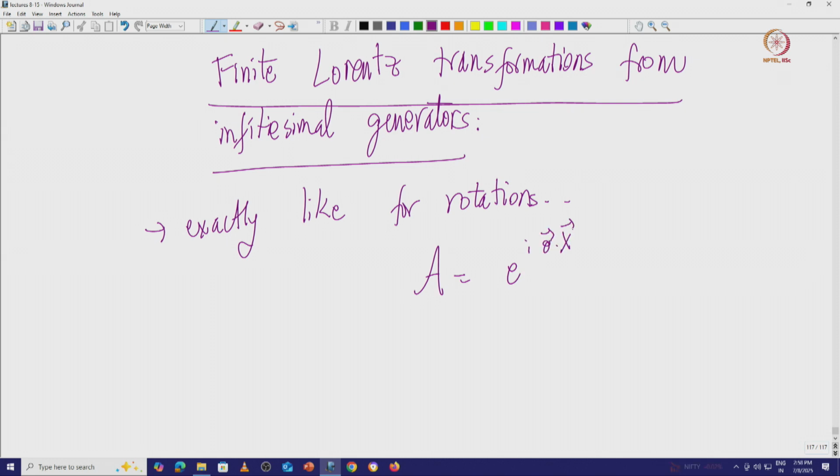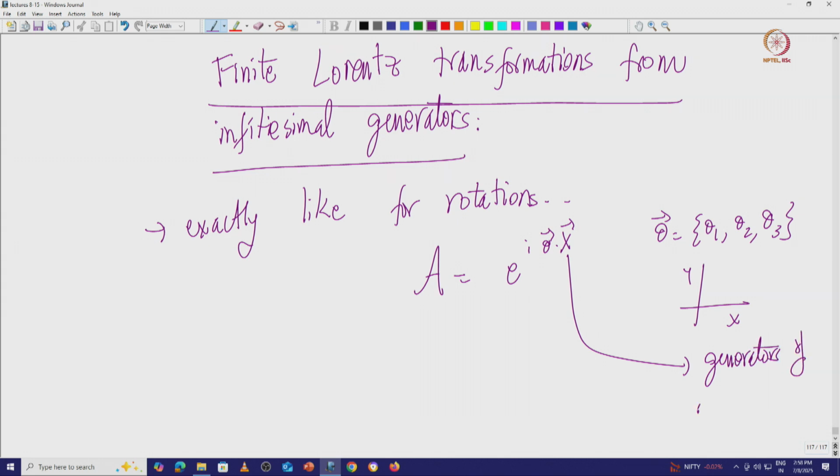Theta 1, theta 2, theta 3 are rotations in the xy plane, yz plane, and so on, whereas x is nothing but the generators of infinitesimal rotations. Putting these two together, we showed that this forms every group element of rotations.